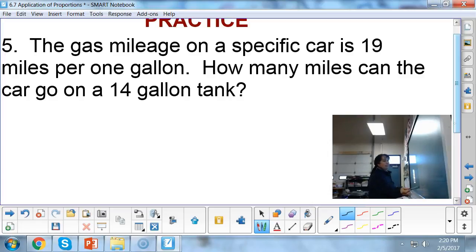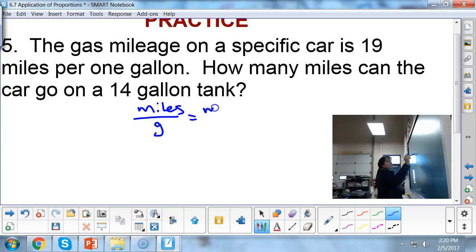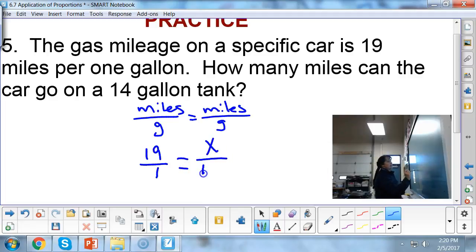So we're going to set up a proportion, and it's going to be miles over gallons is equal to miles over gallons. Okay, so we know that 19 miles on 1 gallon is equal to, we want to know how many miles for 14 gallons.